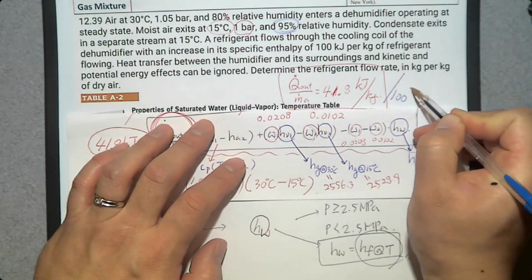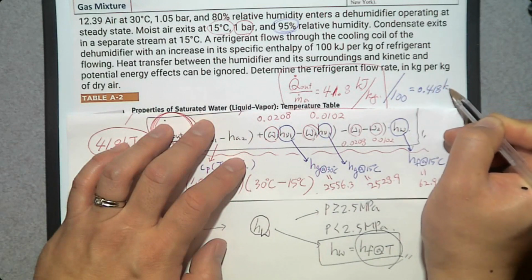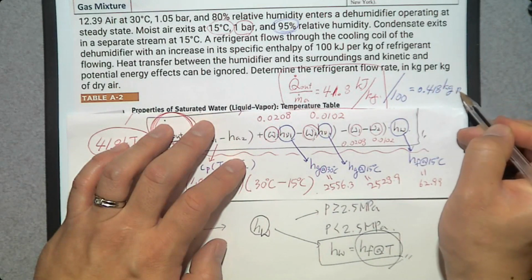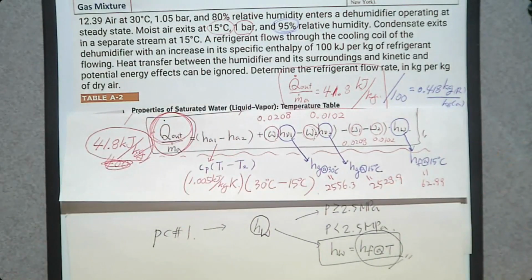Divide by 100, we need 0.418 kilogram of refrigerant required per kilogram of dry air. So that is the answer. Because each kilogram of refrigerant can remove 100. So 0.418 kilograms of refrigerant can remove 41.8 kilojoules.